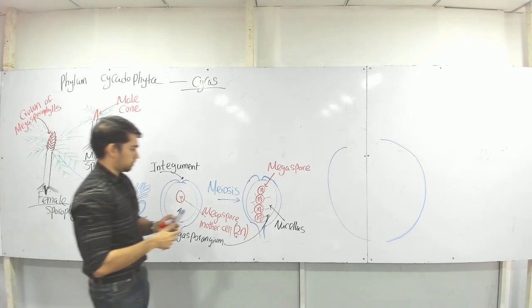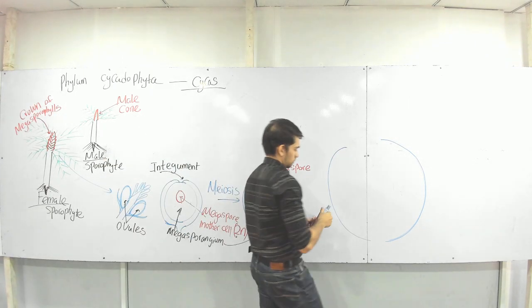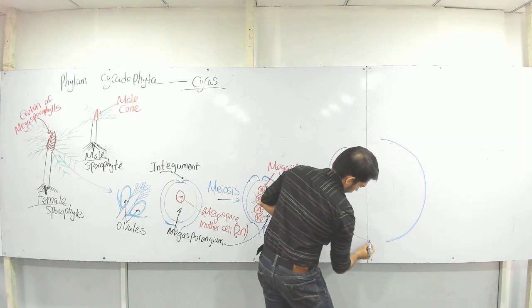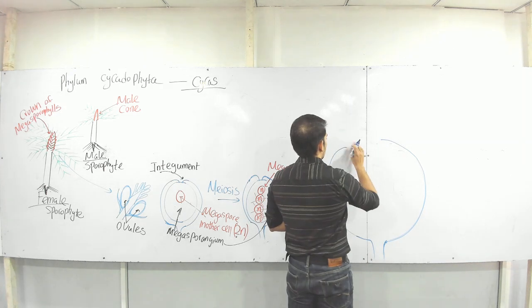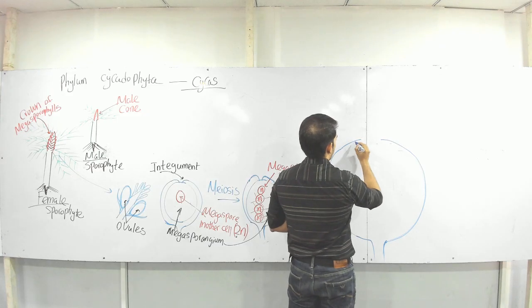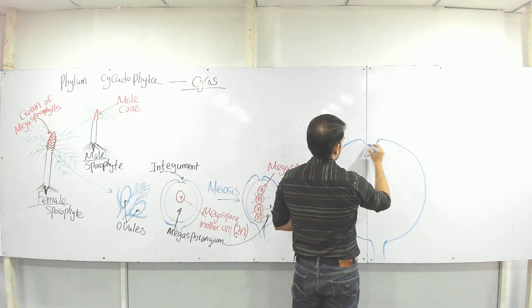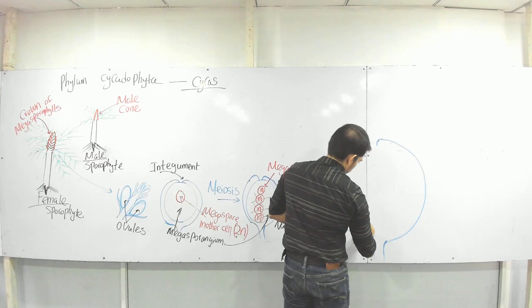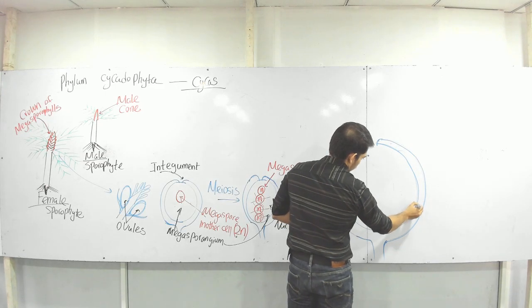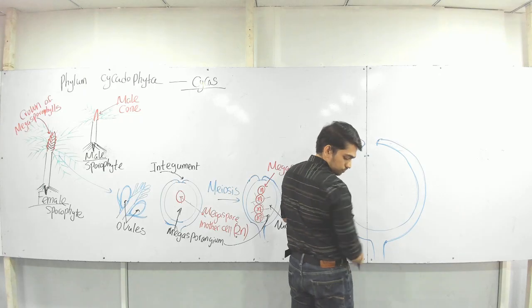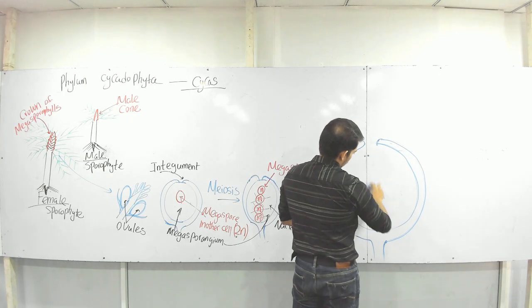Online people, right? So here is the attachment point of the mature ovule. Here is going to be the micropyle, and here we have the structure of the mature ovule. Okay.